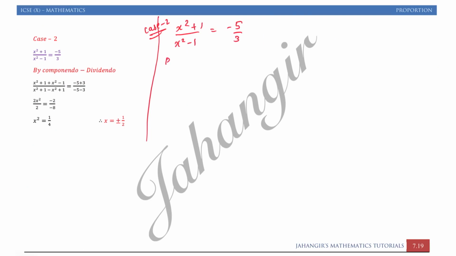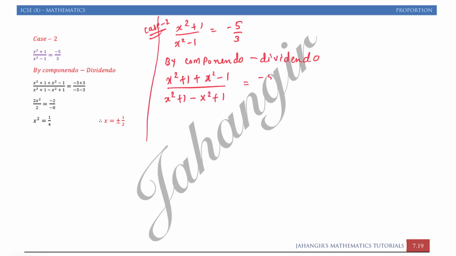So again by componendo dividendo, (x^2 + 1 + x^2 - 1)/(x^2 + 1 - x^2 + 1) = (-5 + 3)/(-5 - 3).